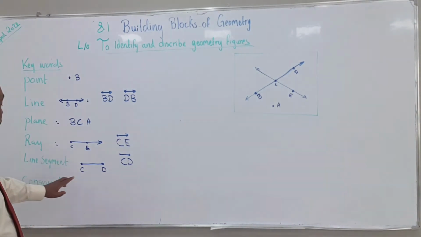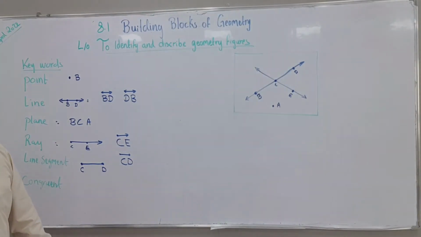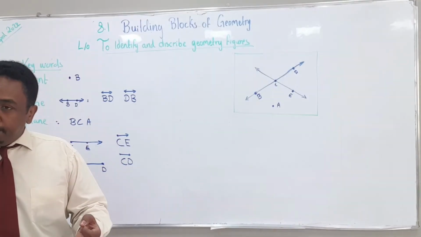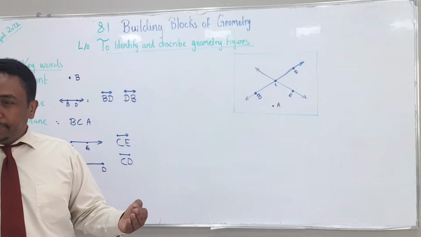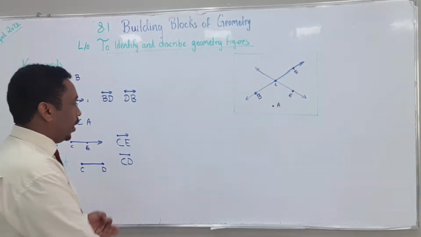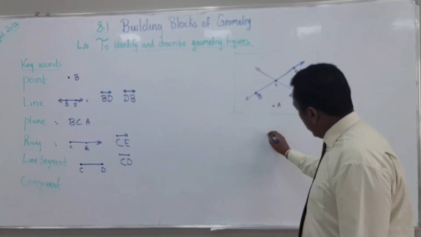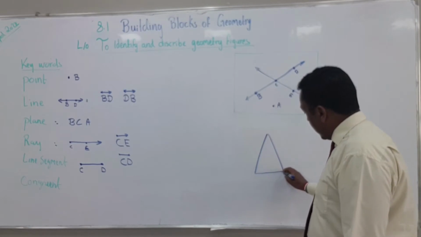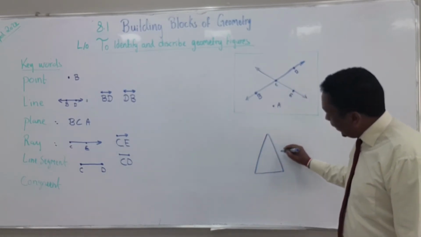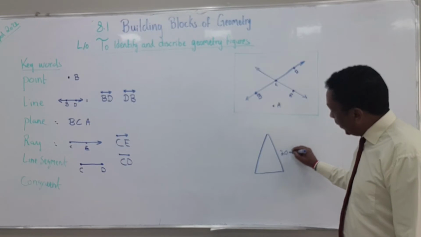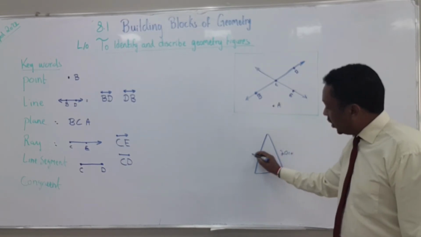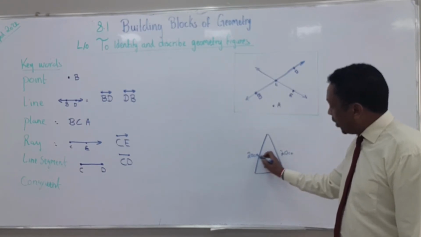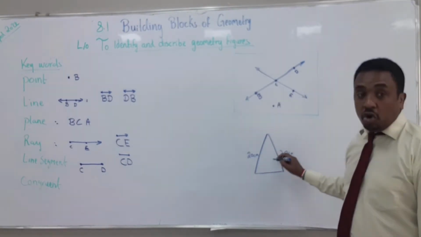Last but not least, we have congruent. Congruent basically means two lines which have the same length and the same size. So for example, if we have a triangle like this, and we know this side is 20 centimeters, and this side is also 20 centimeters, and they are the same shape, then we call them congruent.